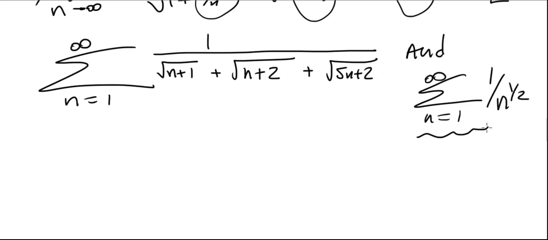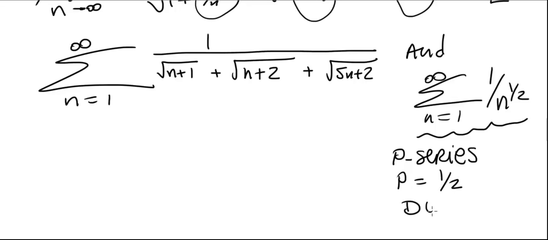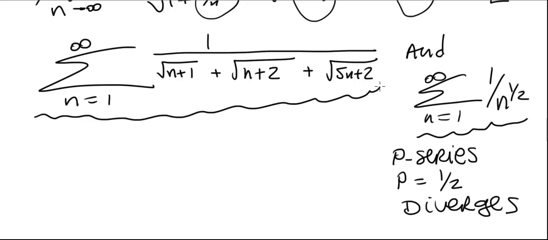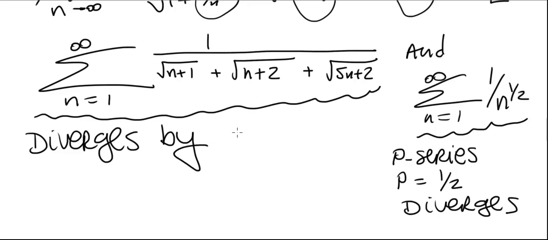Well, we look at this series, we recognize this is a p-series, and p is equal to 1/2. Therefore, this series diverges. And by limit comparison test, we can now conclude that this series also diverges, and we can say why: by limit comparison test, which I'll abbreviate by LCT.